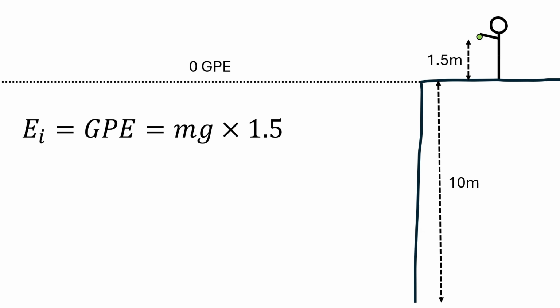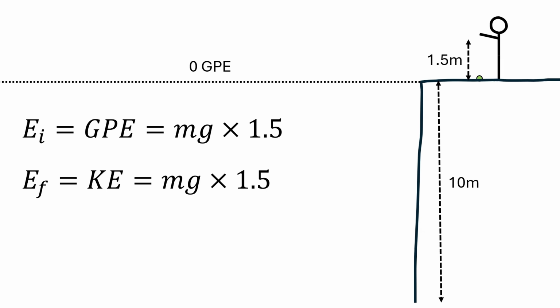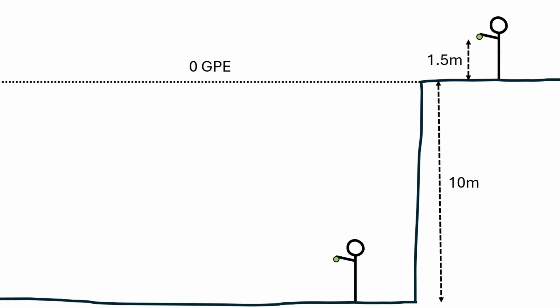The initial amount of energy of the ball is still just gravitational potential, which is the same as before. And as I drop that, that potential energy is transformed into kinetic energy that is just the same as its initial energy. Let's now add a person on that ground level that's 10 meters below the top one.